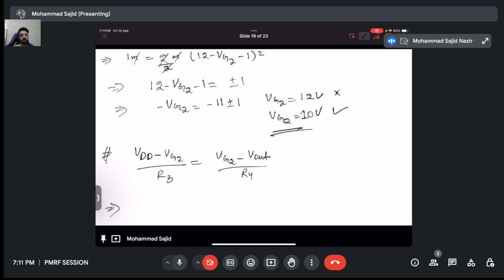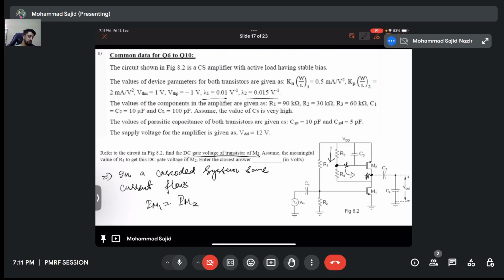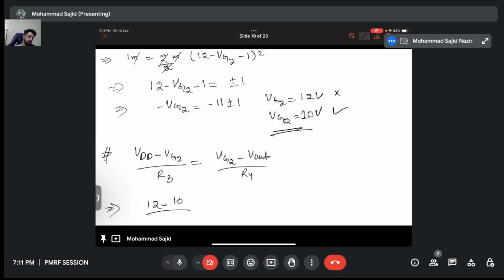In this way we can calculate R4. VDD is 12 minus 10 by R3, R3 is given as 60K, and VG2 is again 10 minus 7.2 by R4.